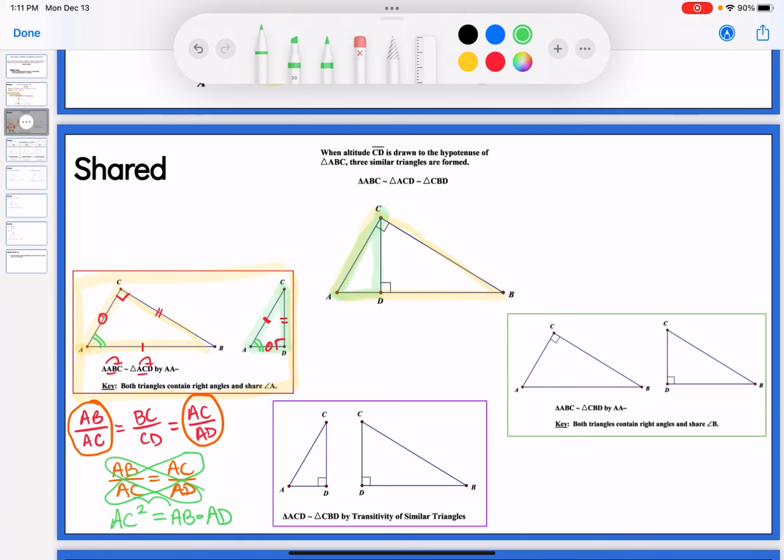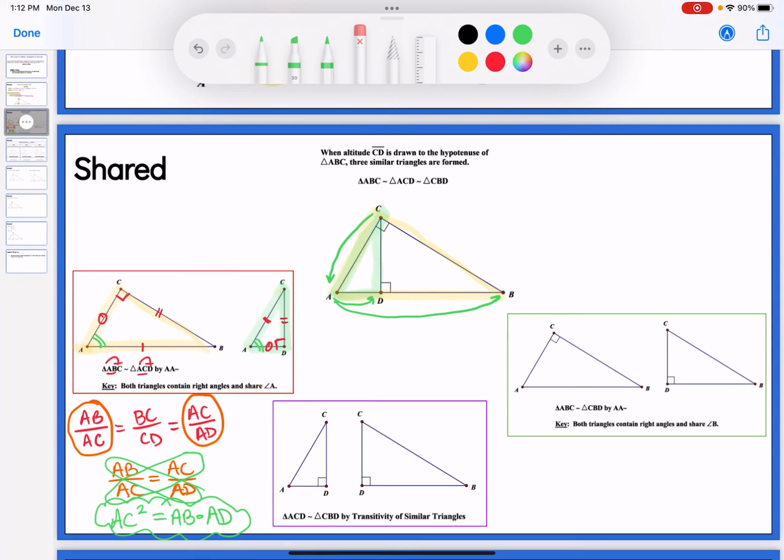That's part of the altitude on hypotenuse theorem. That's one of the formulas. Now, if you go back to our original picture, AC is this segment right here, right? So this segment squared equals AB, this whole hypotenuse, times AD, the part closest to it. There's one of the formulas.